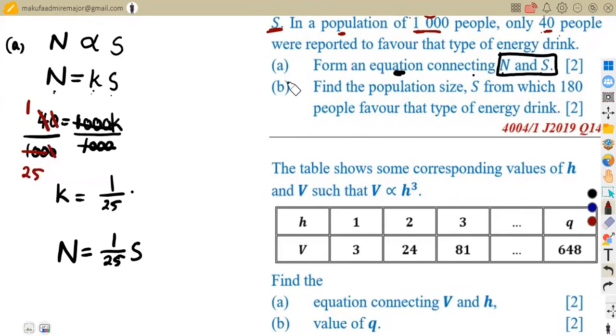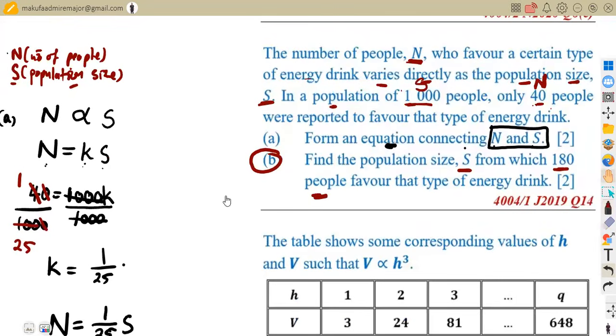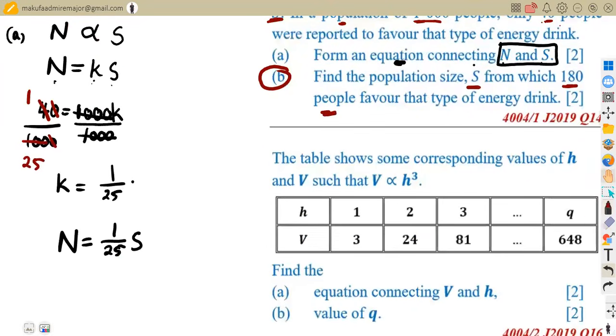Then the question on B now is to find the population size S. We are asked to calculate S from which 180 people. 180 people, remember what represents the number of people, it's N. So we are given the value of N in this case. They are saying N, it's 180.